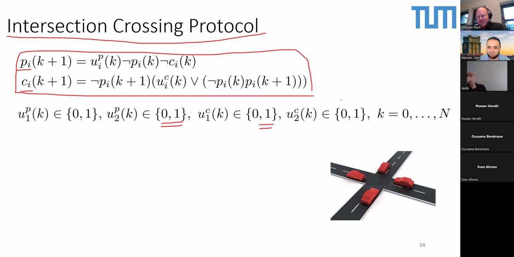But the answer might be hybrid zonotopes, because it allows this hybrid component. I'm not sure if you are aware of hybrid zonotopes, but they represent the values in the continuous domain while allowing separate zonotopes.